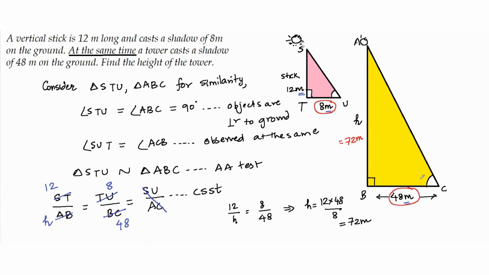So the shadow of the tower is 6 times the shadow of the stick, and that's why the height of the tower is also 6 times the height of the stick. So these results definitely correspond to each other.